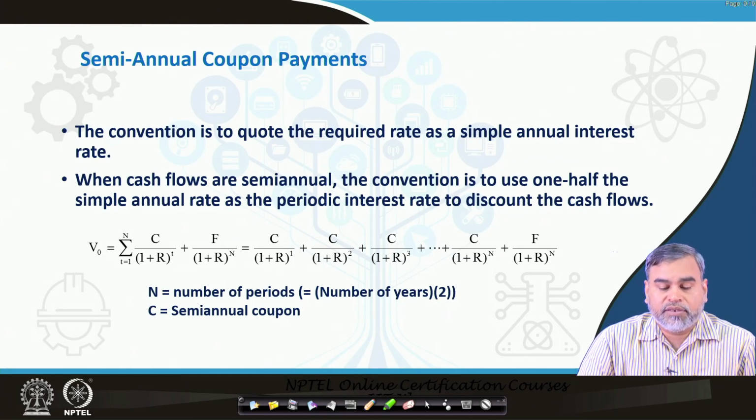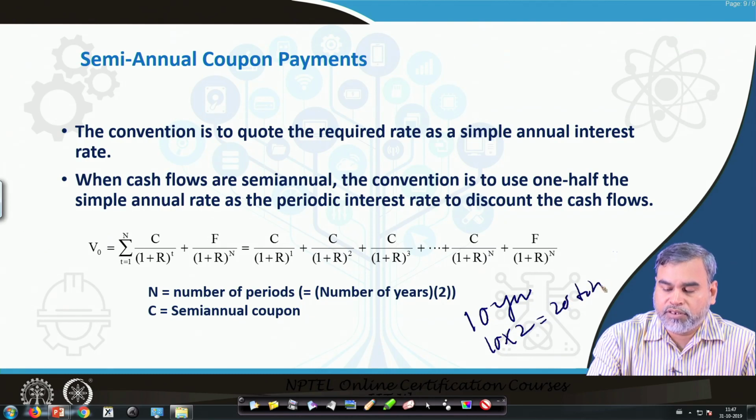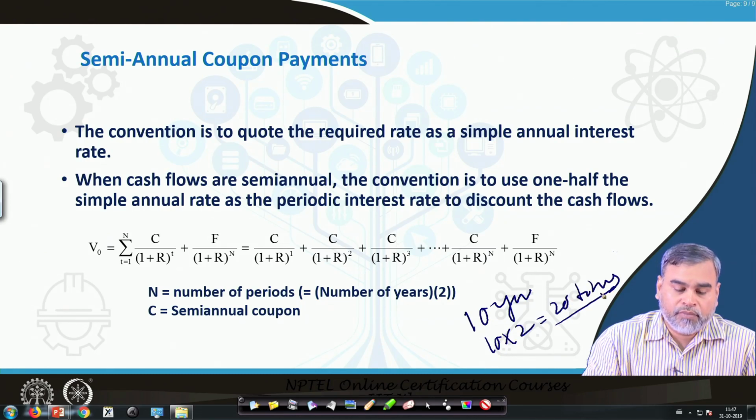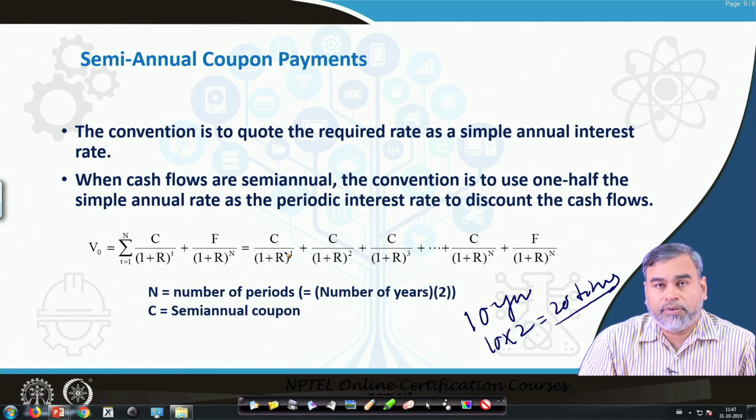How is the value of the bond calculated in that case? Here the number of periods will be double, because with a 10 year maturity period we receive the coupon 20 times, since every 6 months we get a coupon. Then C will be half, in the sense that the coupon you receive, 90 rupees annually, becomes 45 rupees.